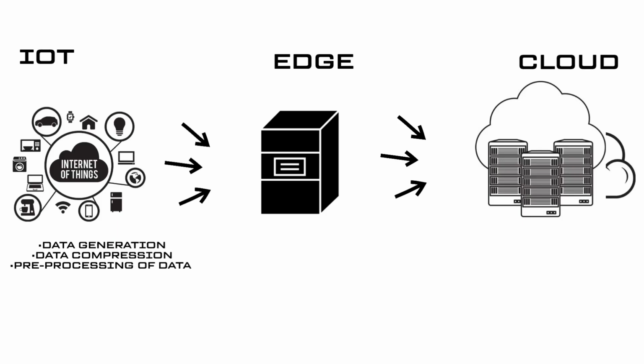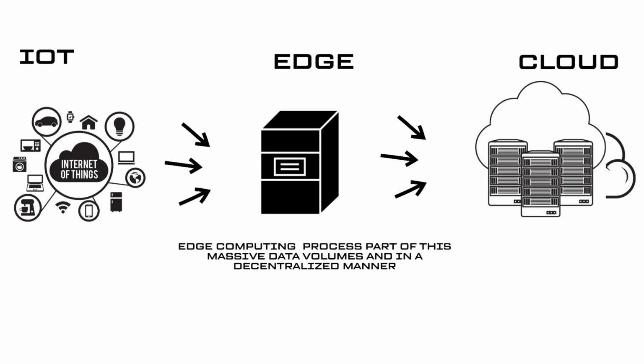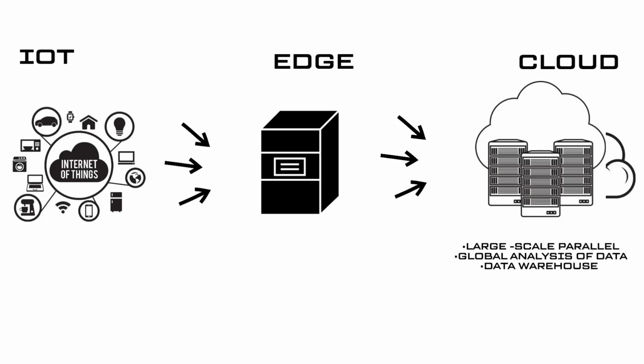Connected devices generate, compress, and pre-process data before sending it to the edge layer. The edge layer handles the data analysis, real-time processing, and caching. The cloud layer performs large-scale parallel data processing, such as big data or machine learning tasks.